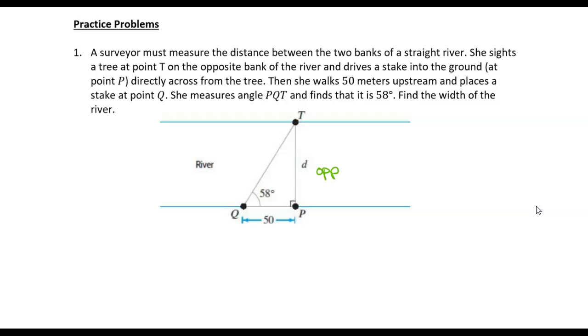So this distance from P to Q is 50 feet. And it's the adjacent side to this 58 degrees that she measured. Okay, so we can just use tangent. So, let me say that again.